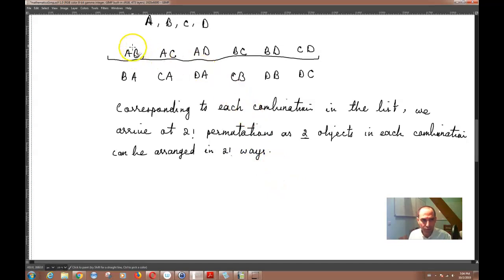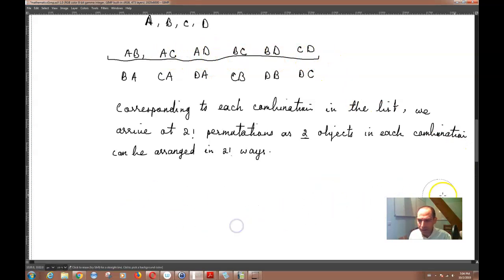So as you can see, for example, I have 2 objects here, A and B, and if you want to calculate the permutations of 2 objects taken 2 at a time, that would be 2 permutation 2, which is equal to 2 factorial over 2 minus 2 factorial, which is equal to 2 factorial. Again, I have 2 objects over here, again 2 factorial permutations here, 2 factorial permutations here, and so on and so forth.